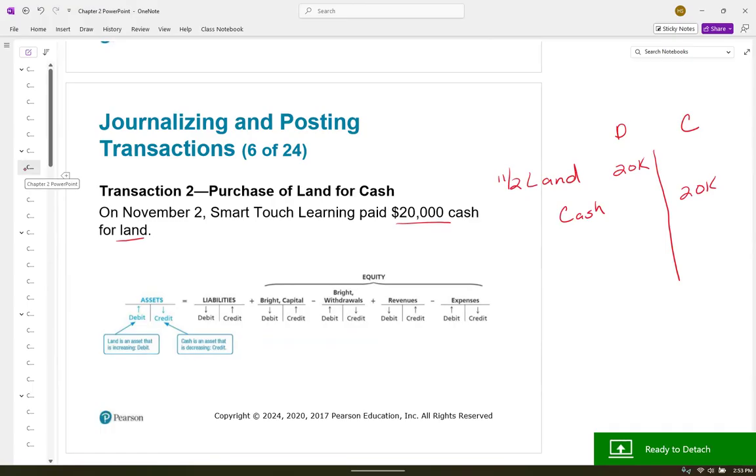Remember in this transaction, total assets remain unchanged. Okay. Because we just traded one asset for another. Remember, it doesn't have to have one entry on this side of the equation, then another one over here. It can be both of them on this side or both of them over here on this side. Okay. The equation just has to balance. Okay.